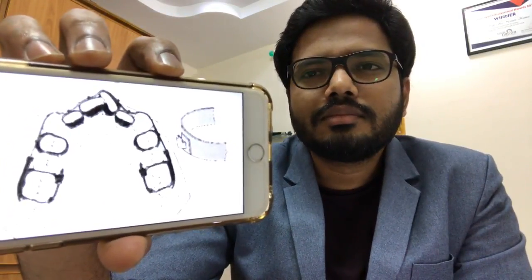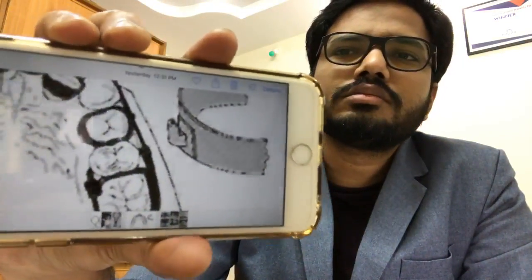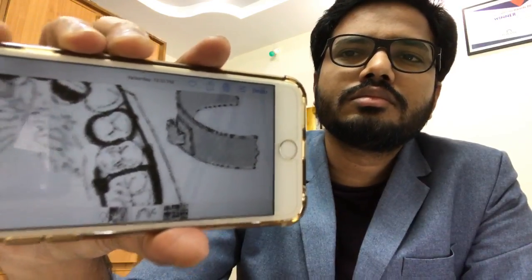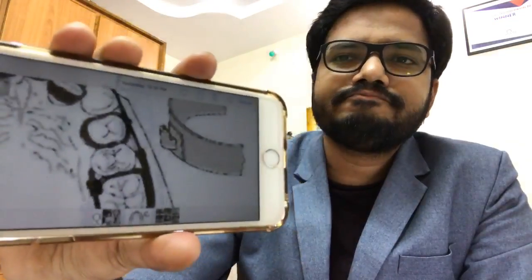So what does this image represent? Which appliance does it represent? Just decrease the brightness. I think I should still increase the brightness. I'm sorry.